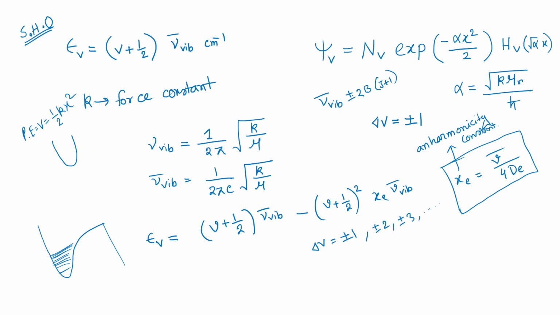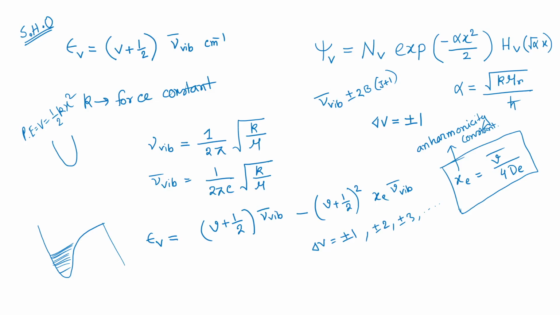The plus is going to give us the R band, and minus is going to give us the P band. The higher energy band was the R band, and the lower energy band is the P band.